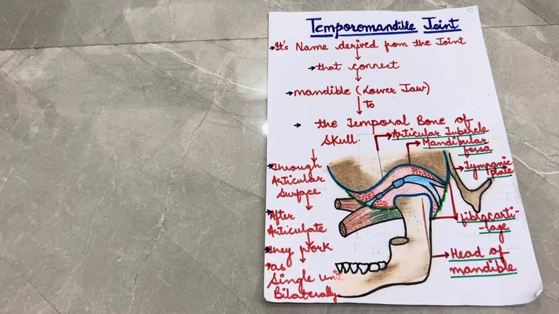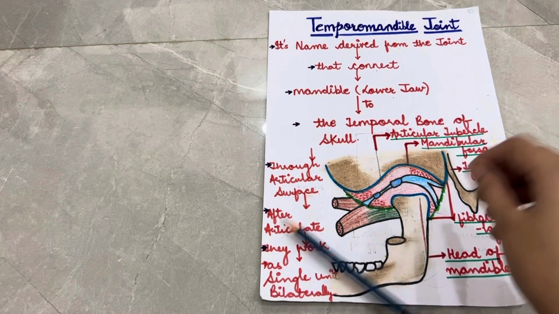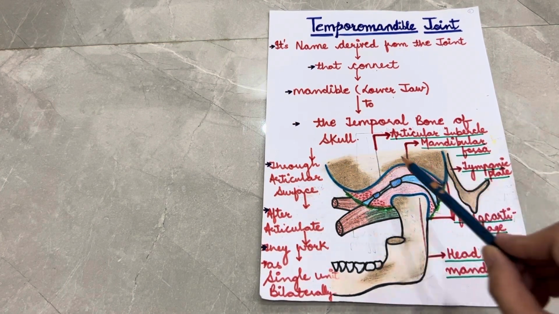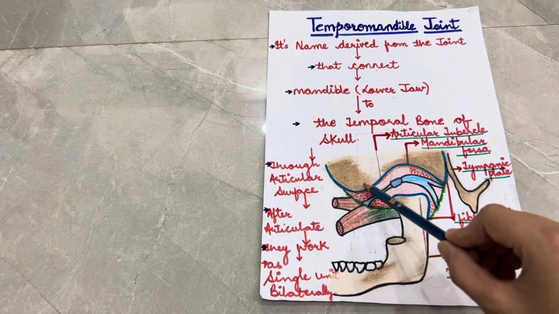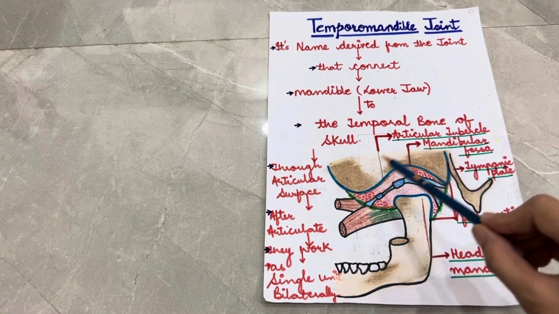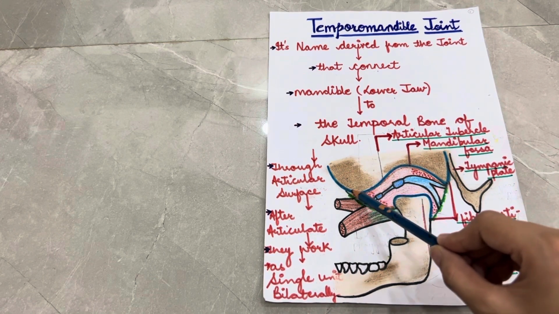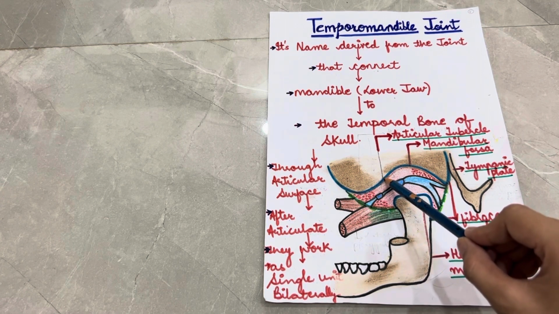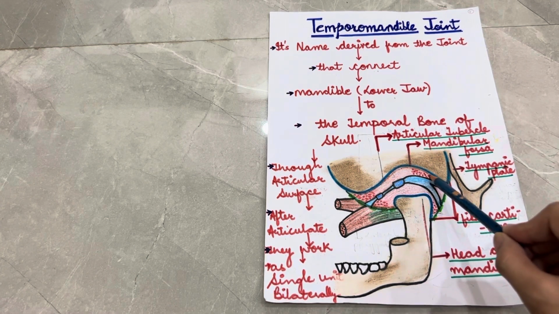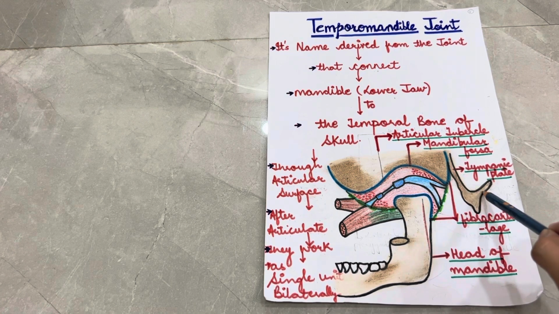Before knowing the articular surfaces, we'll first study the structure of the TMJ. This is the temporal portion of the skull, and it comprises the articular tubercle. This is an articular tubercle. This is the mandibular fossa, and this structure is the non-articulating tympanic plate.